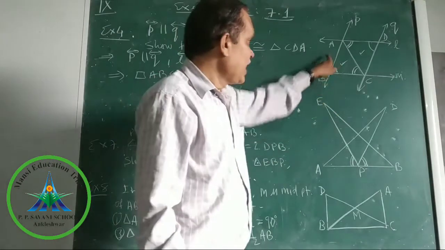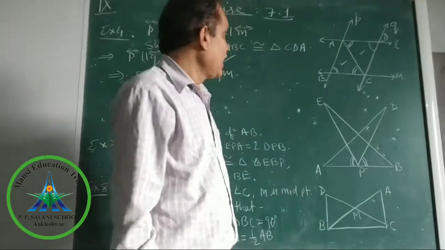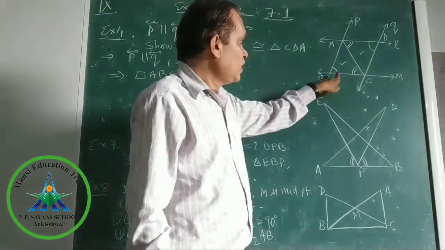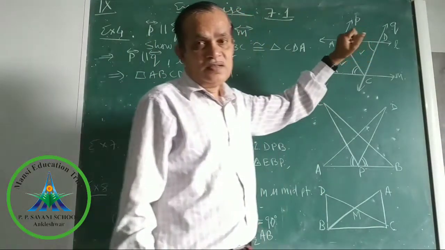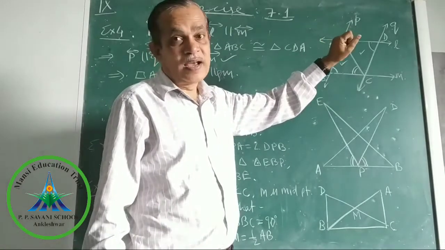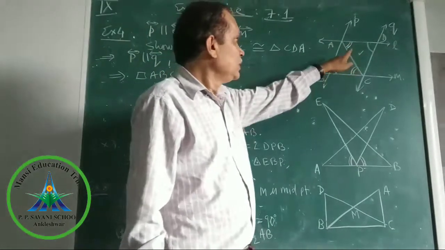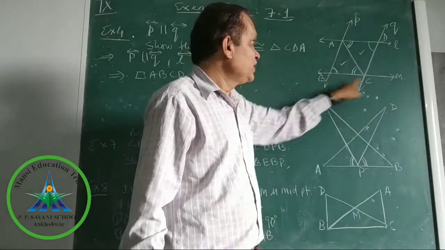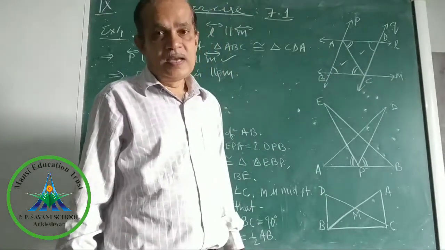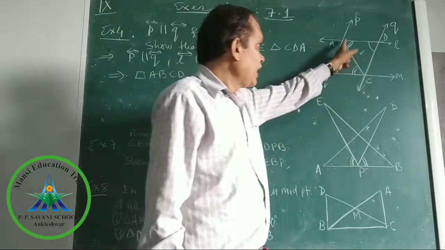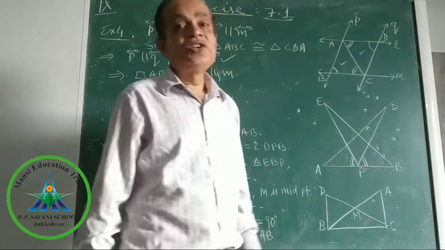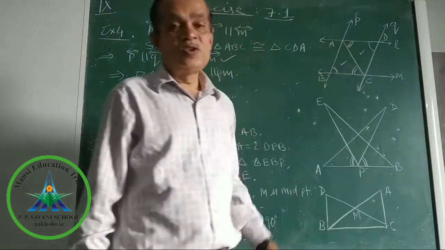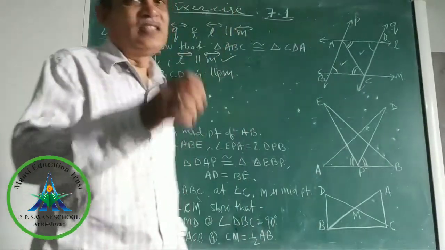In triangle ABC and triangle CDA, we got angle B equal to angle D, opposite angles of a parallelogram. Angle DAC equals angle BCA, alternate interior angles, and AC equals CA, common. Therefore, by angle side congruency, these triangles are congruent.